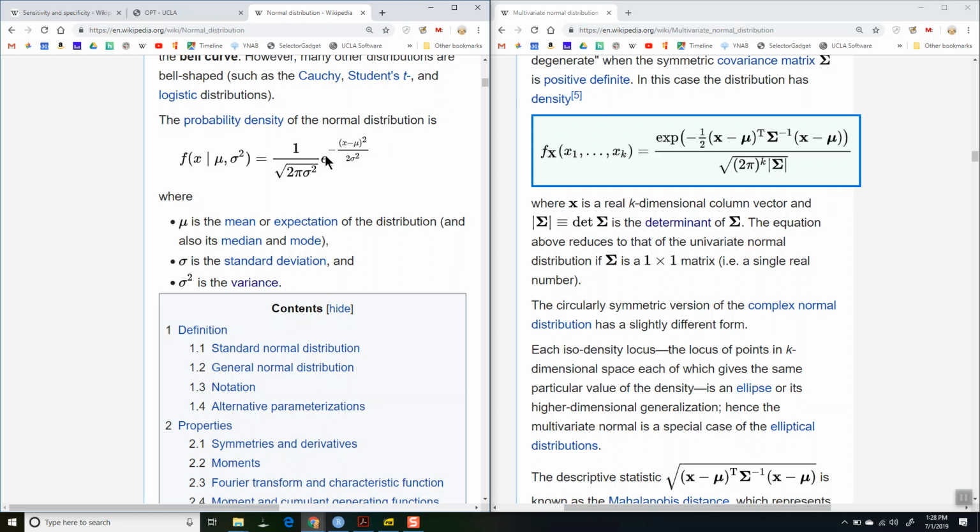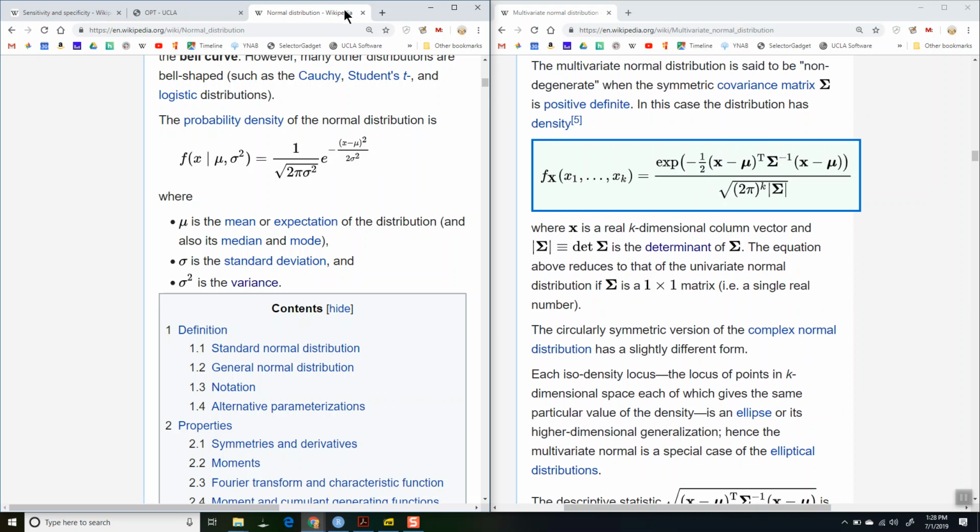And then over here, you've got basically e to the x minus mu squared divided by 2 sigma squared. Because it's matrix notation, you have x minus mu transpose times sigma inverse times x minus mu, which is basically like dividing by sigma squared here, times 1 over 2. So anyway, this is the multivariate Gaussian.